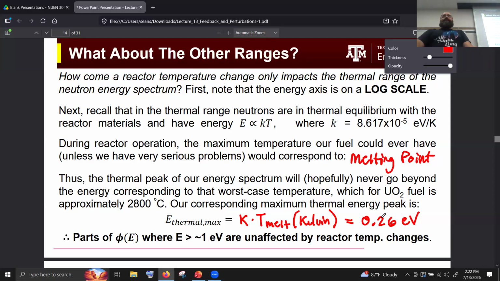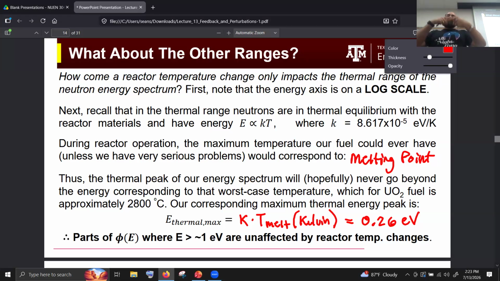So in general, what we can say is that if the energy is anything more than 1 eV, that energy is so high that it can't really be related to the temperature of my materials. It has to be related to just how fast the neutrons are going, not being in thermal equilibrium. They're born very fast, so they're born with a very high energy.